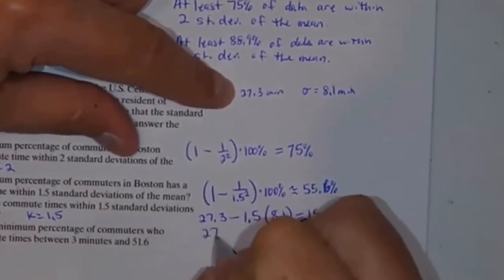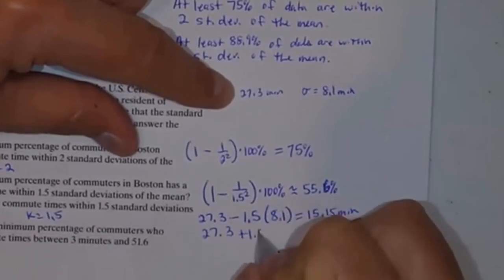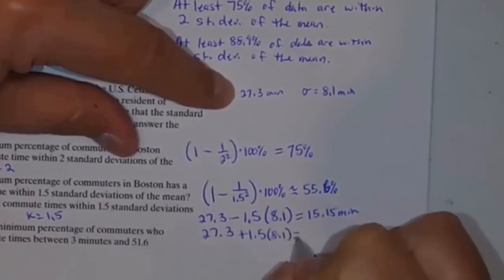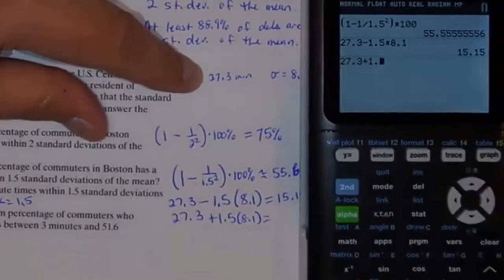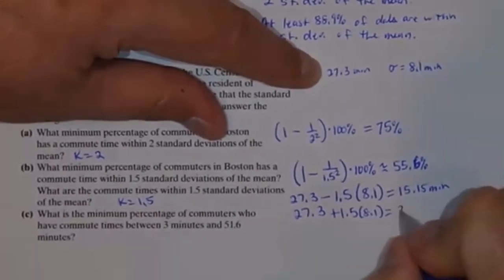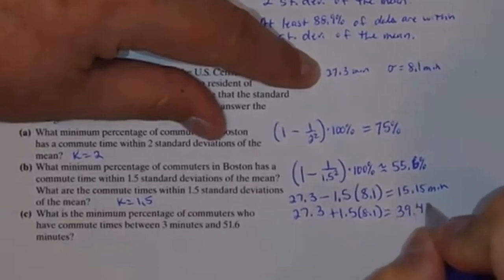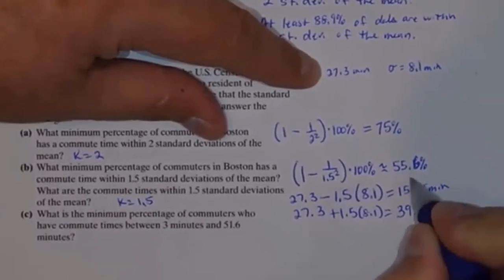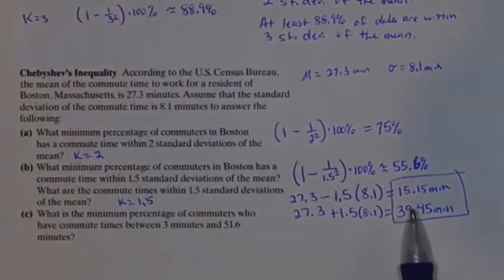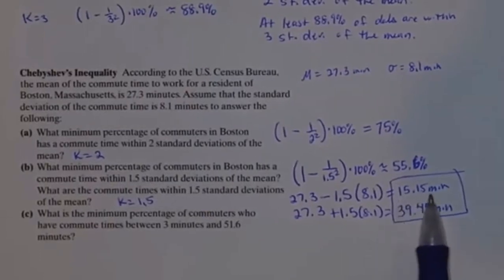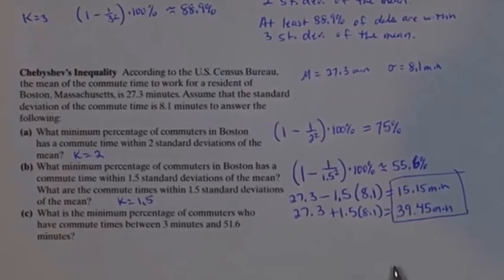And if I do the same thing, 27.3 plus 1.5 times 8.1, that is 39.45 minutes. So again, about 55.6% of Boston commuters have commute times between 15.15 minutes and 39.45 minutes. That's the idea.